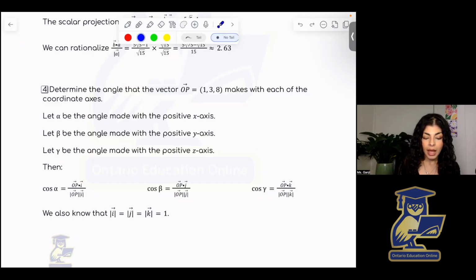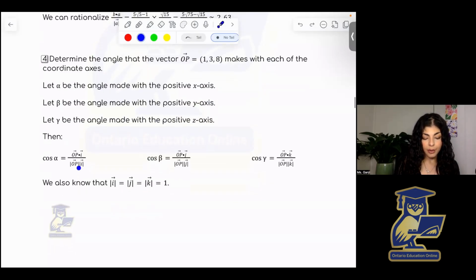So then I'm going to define my 3 angles with each of those positive axes. So we have alpha is the angle with the positive x-axis, beta is the angle with the y-axis, and gamma is the angle made with the z-axis. So now I'm just using that formula for finding the angle, which we saw last time.